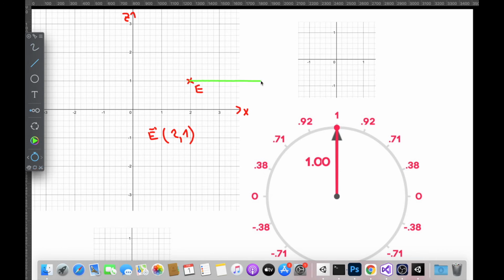This entire part here will be the detection angle of the enemy. So let's place the player somewhere behind this detection angle. I will place the player, let's say, on the position here.